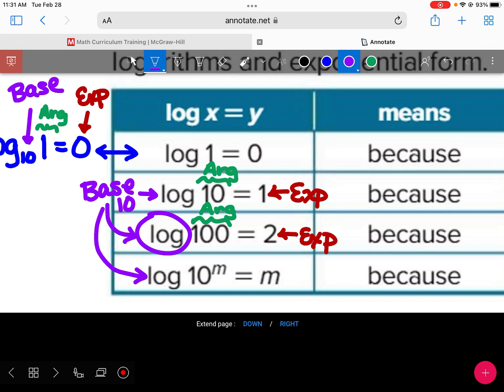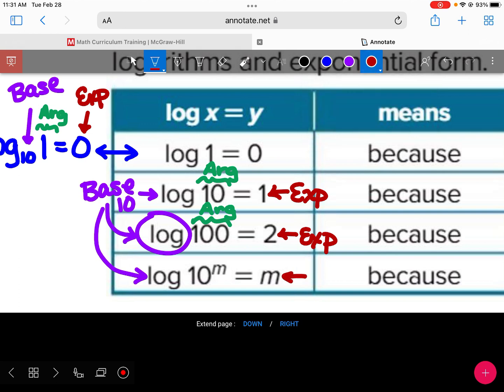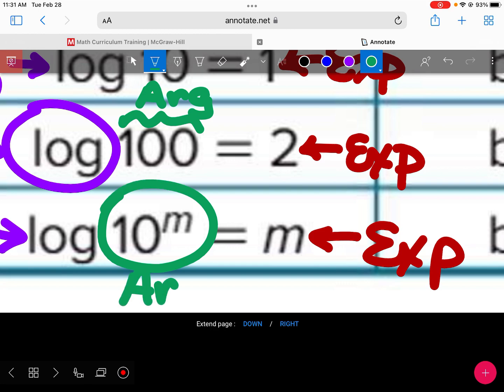Very last one, base of 10 on log. The exponent is this m right here. All of this is my argument.